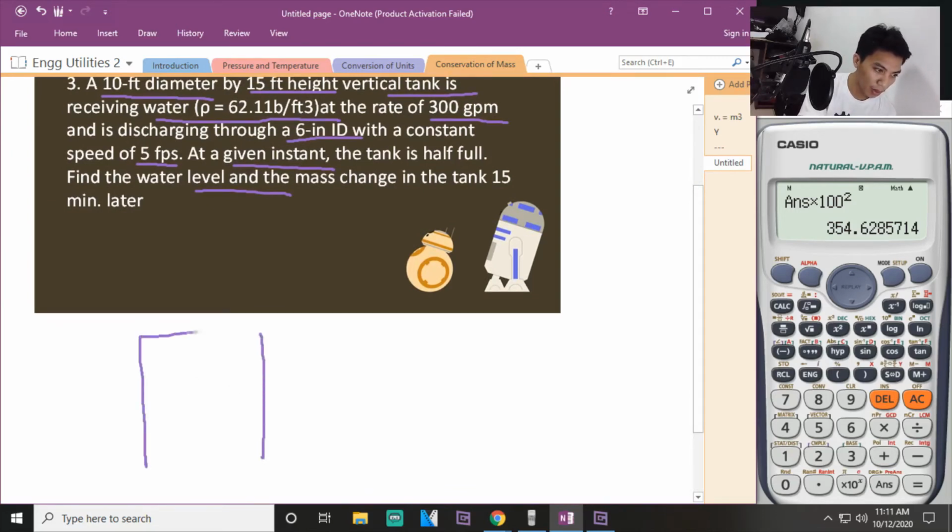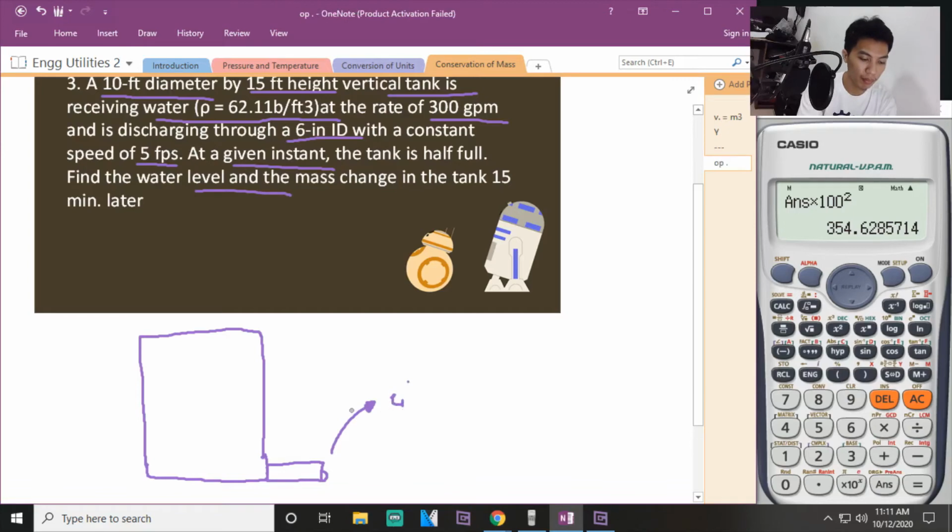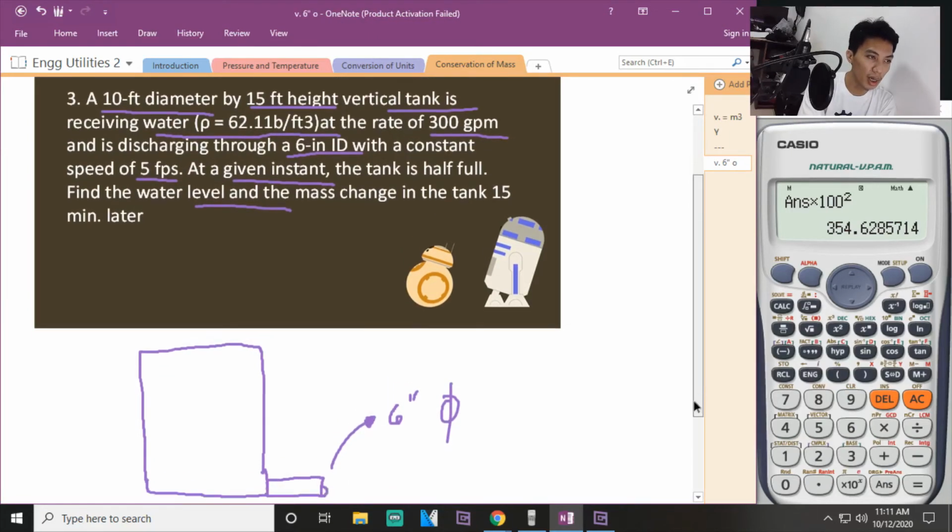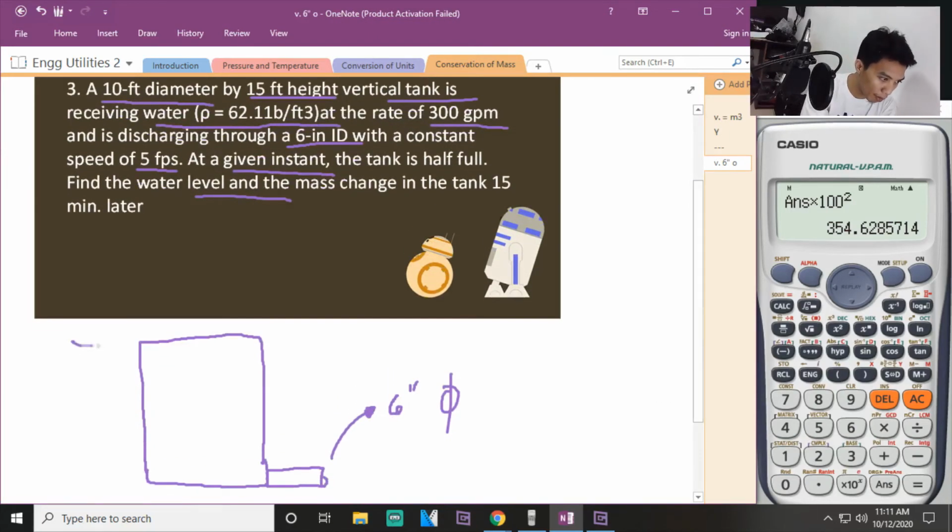Okay? Ito yung tank mo. Tapos meron ka daw ditong discharge pipe. Discharge pipe na to, 6-inch ang diameter. Ganyan ang sabi dyan. And then, ganoon siya kataas? So, this will be 15 feet. Pero half full nandito yan.